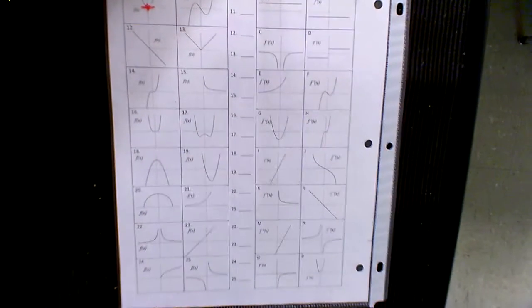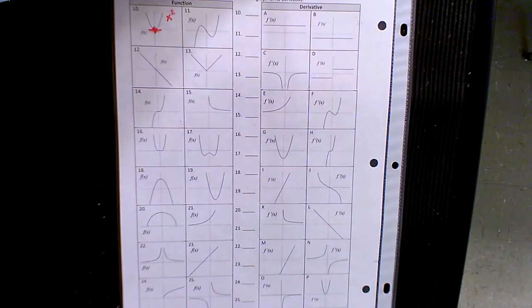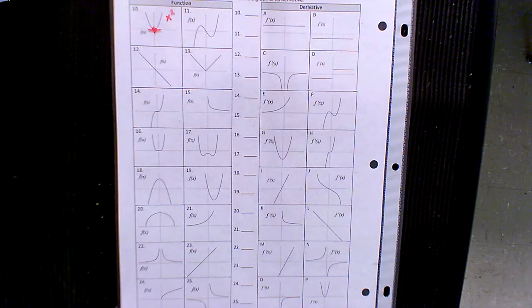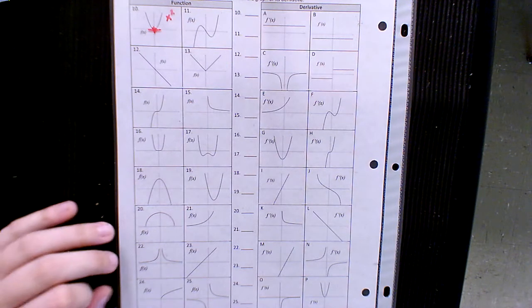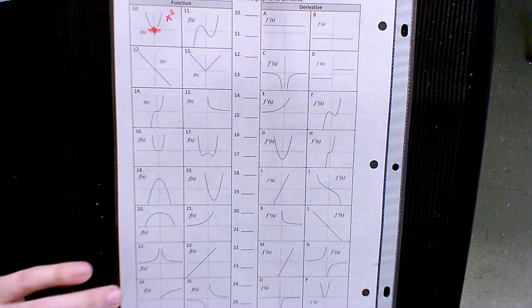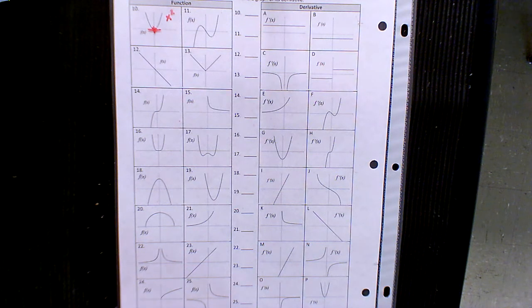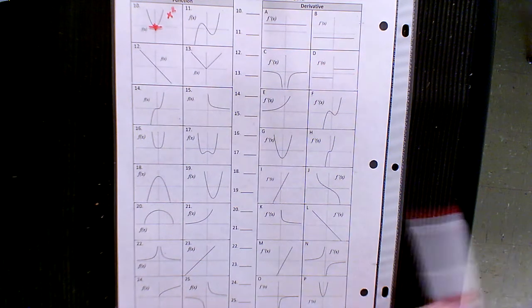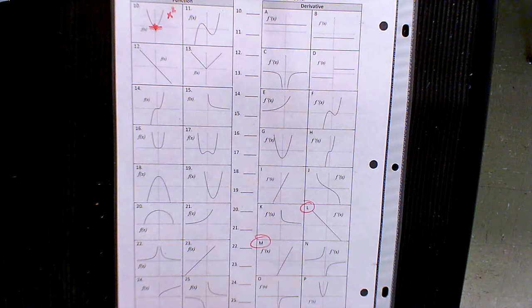So if you take a look, let me zoom out for a second. If you take a look on the right-hand side, we know the derivative graph should be a line, okay, and a sloped line because a horizontal line is considered a constant function, not necessarily linear. So our only options look like L and M and I, because aren't those the only linear ones?